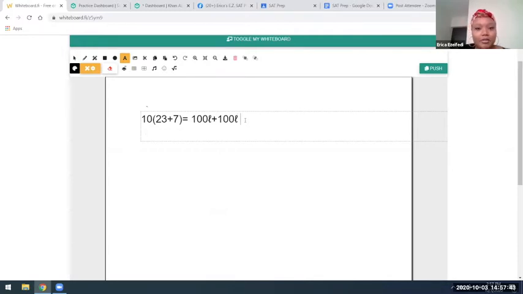So here we're trying to figure out what L is. Does anyone have an idea of what to do first? Just so I can get an idea of where you guys are. Combine the like terms. Combine the like terms, right? Which like terms, Divya? 100L plus 100L.